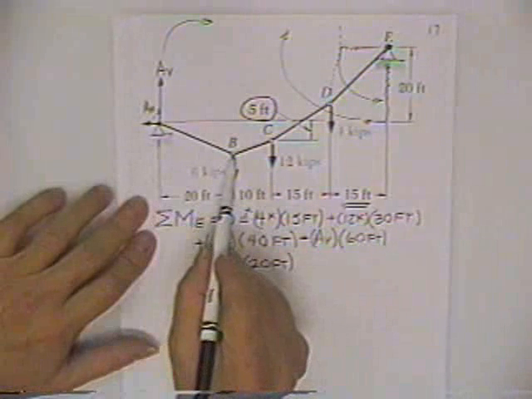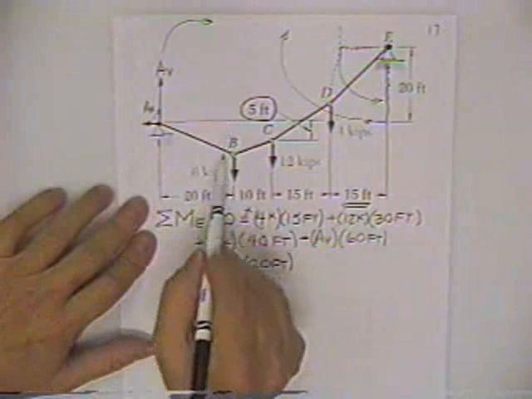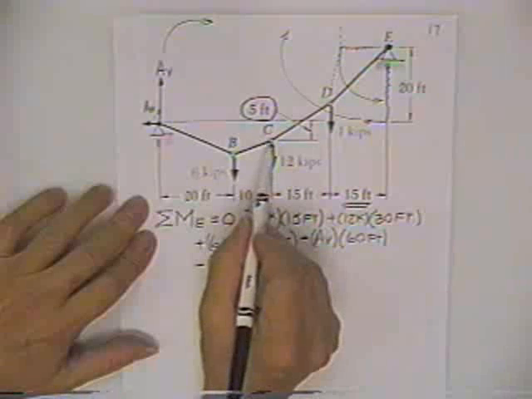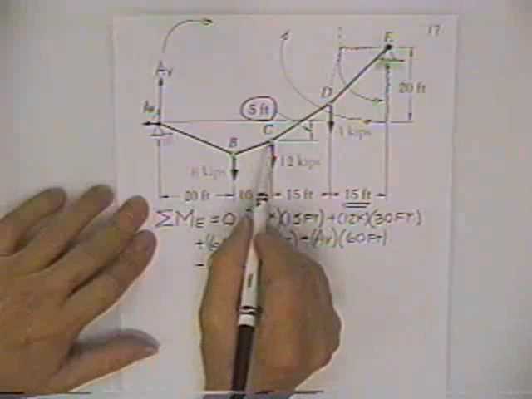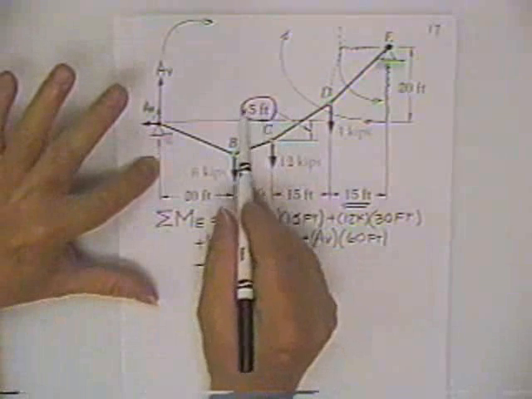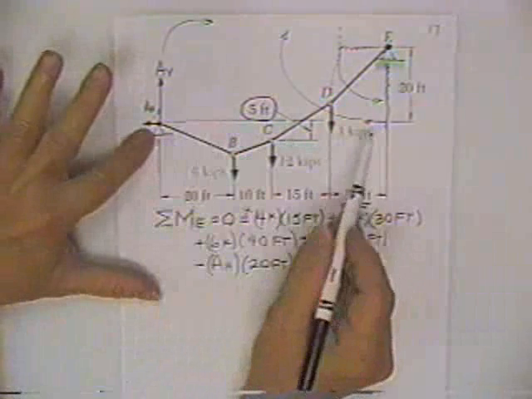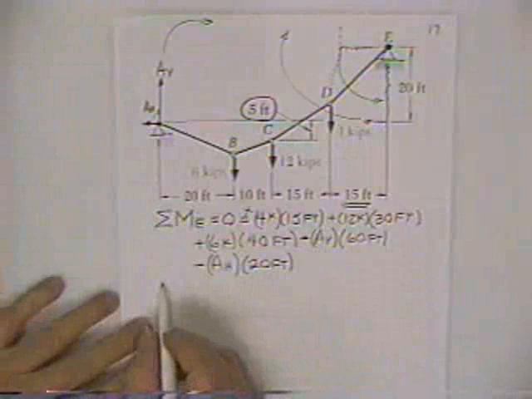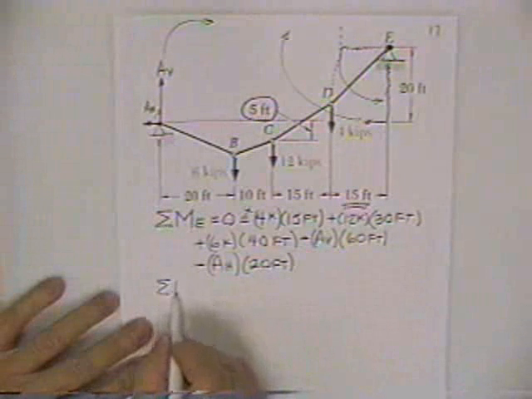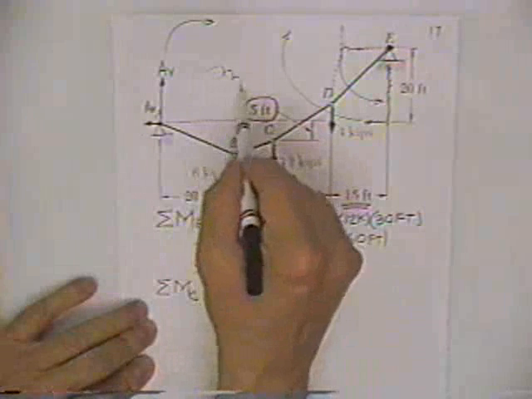You could sum moments about B, but you don't know the moment arm because you don't know how far this B point sags down. So here's a good point to sum moments, because I know where C is horizontally, and someone measured how far point C was below this reference line. So the second equation says sum moments about C. Now this is your free body now.